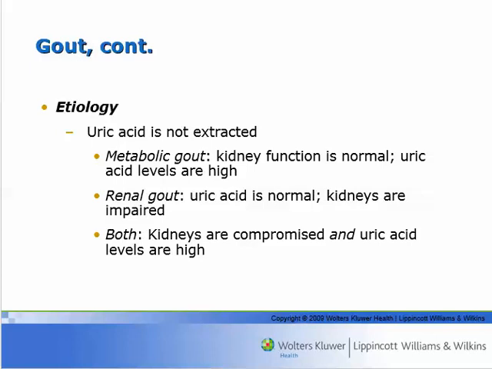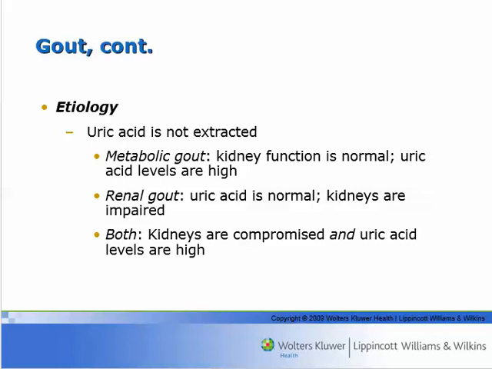There's too much uric acid because you make too much, or uric acid levels are high because you're not peeing enough out, or both. So if you're making too much and you're not peeing enough out because the kidneys are compromised, then you are more prone to gout.